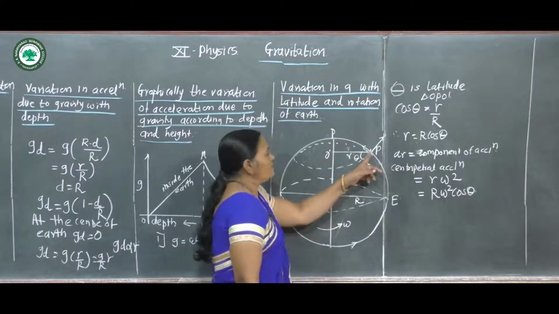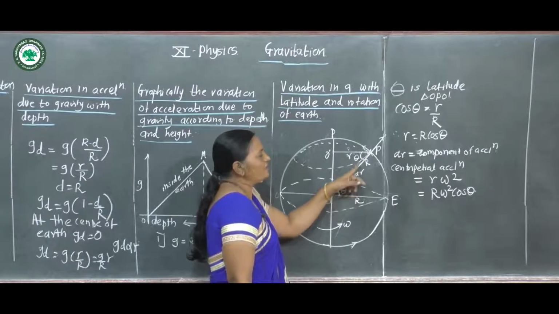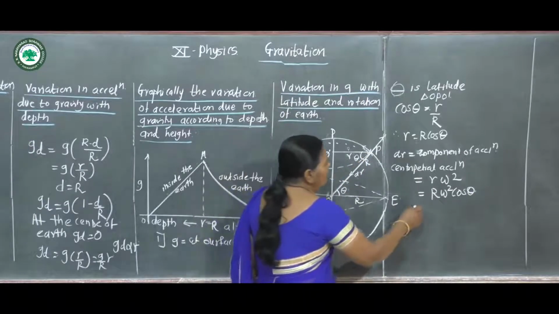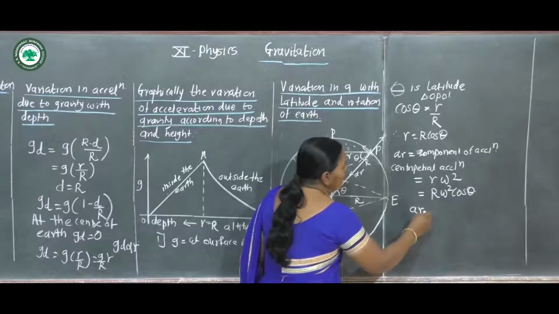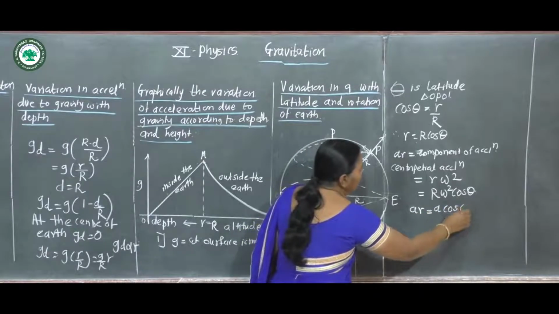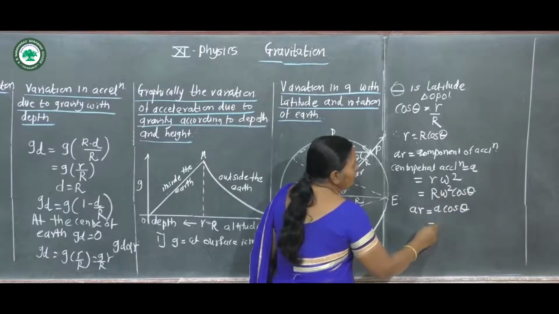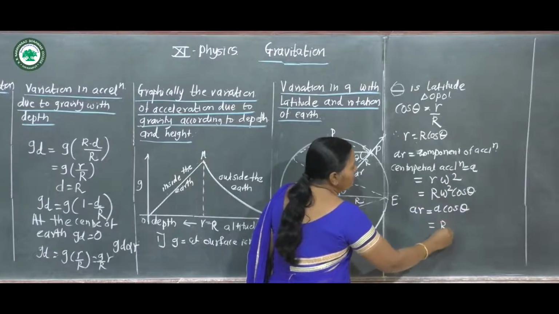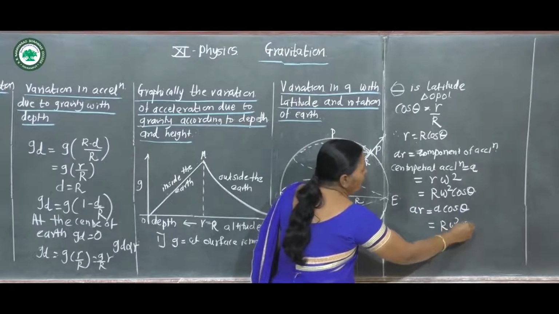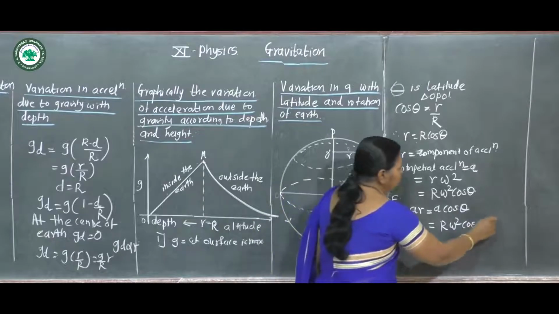Now this is the centripetal acceleration or radial acceleration, it is towards the center, and its component is given by a cos theta. Substituting the value of a, we get R omega square cos theta into cos theta.